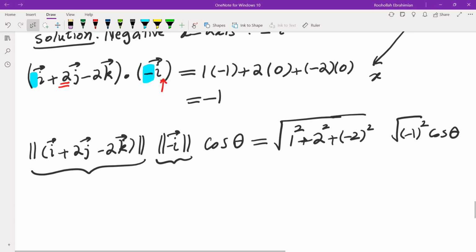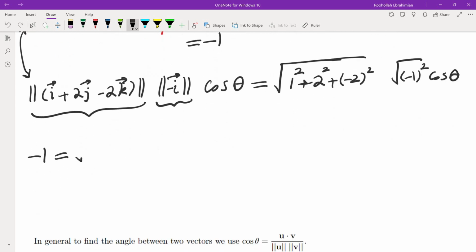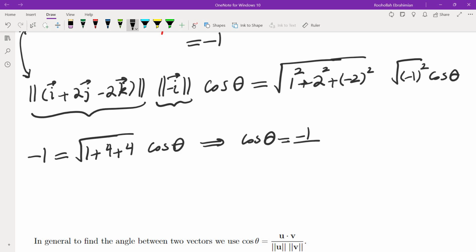These two quantities must be the same thing because both of them are the dot product. So we get negative 1 equals the square root of 1 plus 4 plus 4, negative 1 squared is 1, and then cosine of theta. So cosine of theta is equal to negative 1 over the square root of 4 plus 4 plus 1, which is 9. Root 9 is 3, so we get negative 1/3. So that means the angle between these two vectors is cosine inverse of negative 1/3.